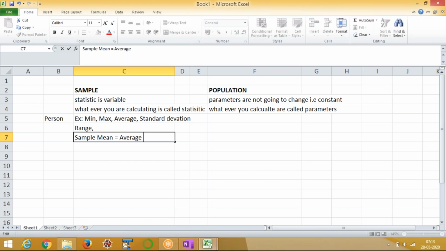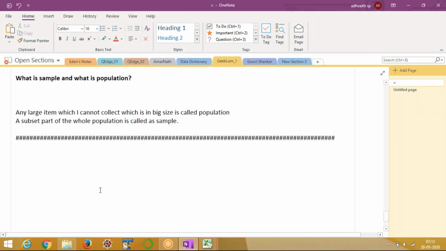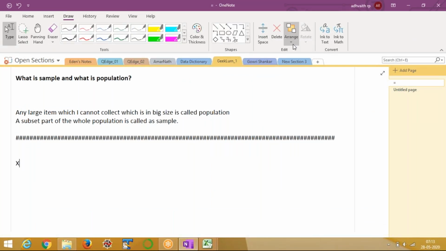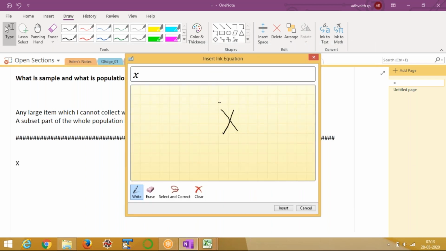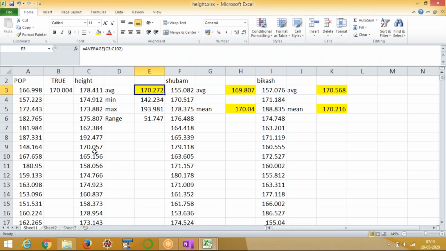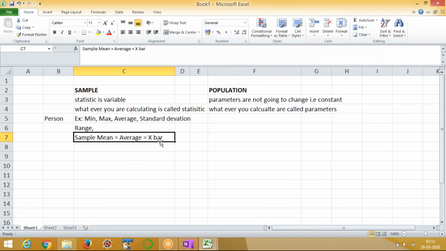This is defined as X bar. In generally, if you go for the exact terminology, this is how you write it. This is X bar. I cannot write this X bar in Excel, so I am writing X space bar. Is it clear, guys, everyone?